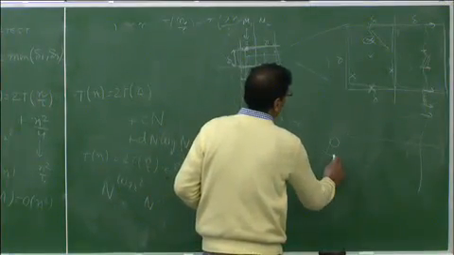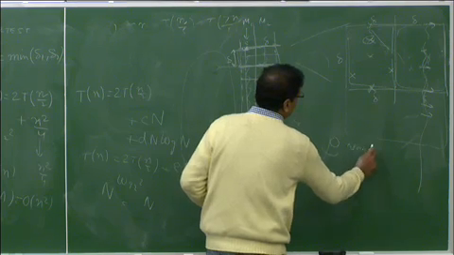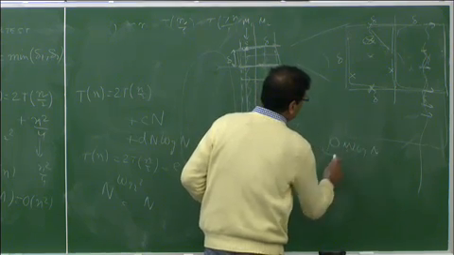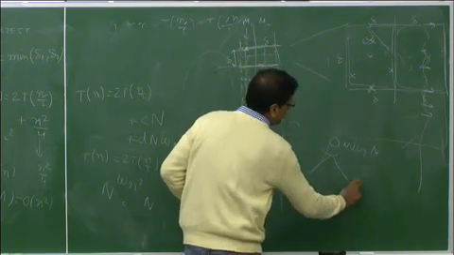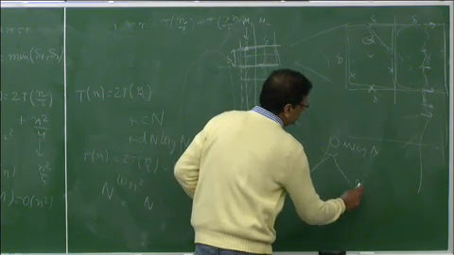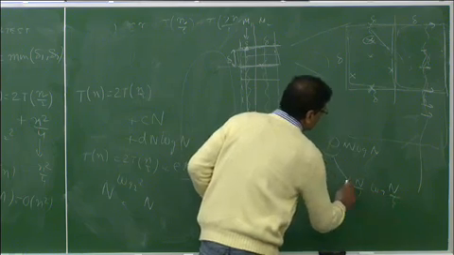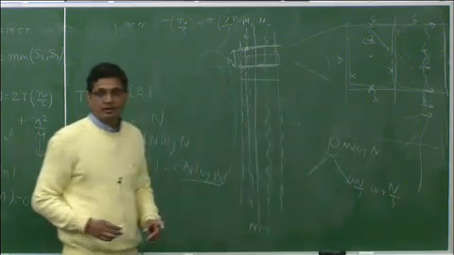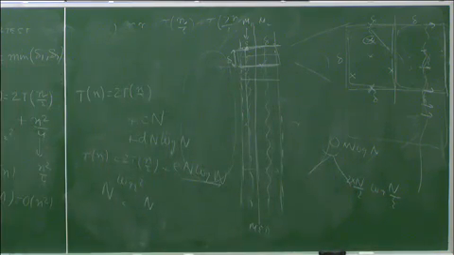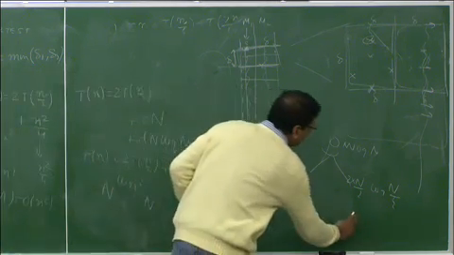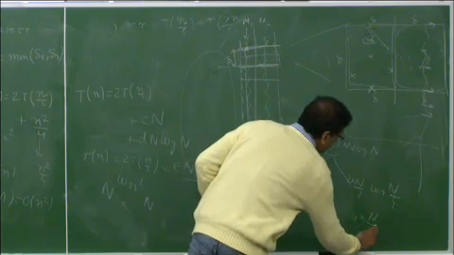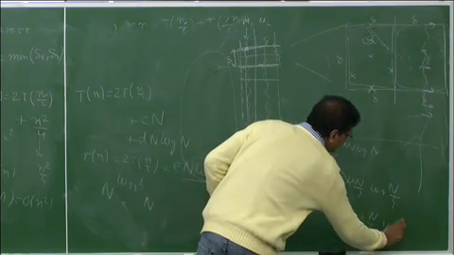So the top level time is n log n. The next level time will be what? 2 times n over 2 log of n over 2, because there will be 2 subproblems of size n over 2. The next level will be 4 times n over 4 log of n over 4.